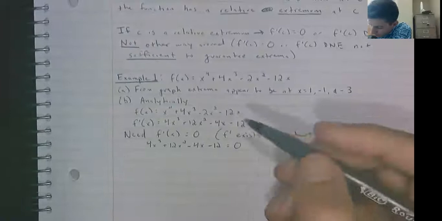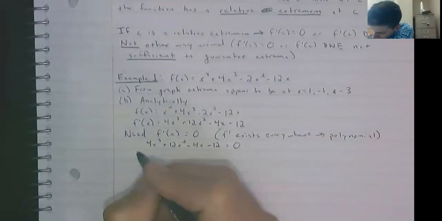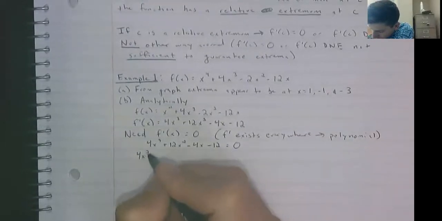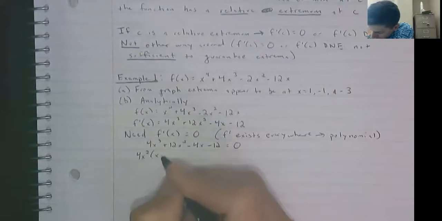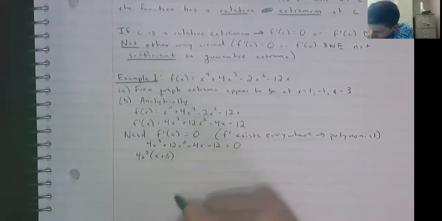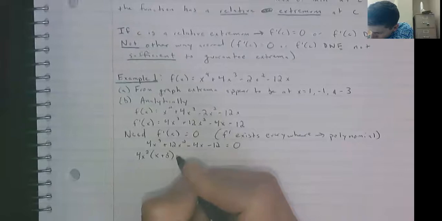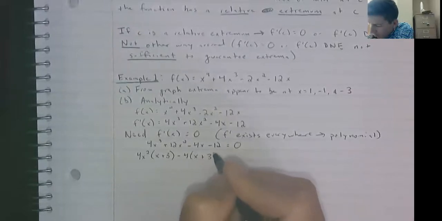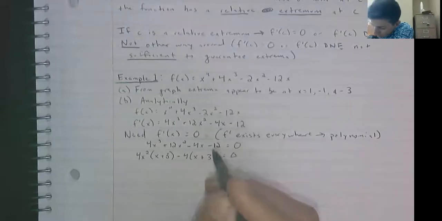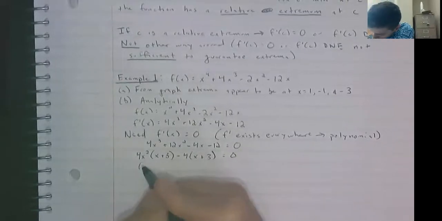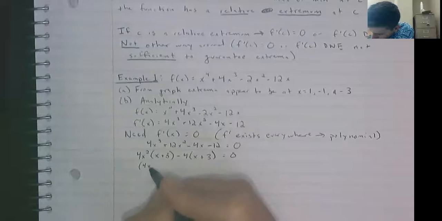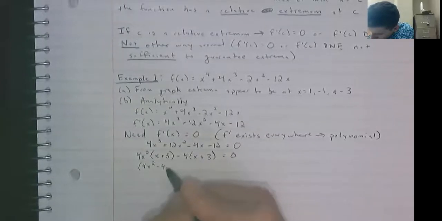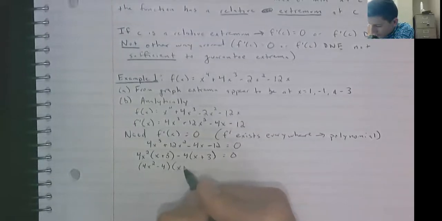So let's pull out a 4x squared, leaving us with an x plus 3. And then we'll pull out a negative 4, leaving us with an x plus 3. Oh, happy day. This is really 4x squared minus 4 times x plus 3.